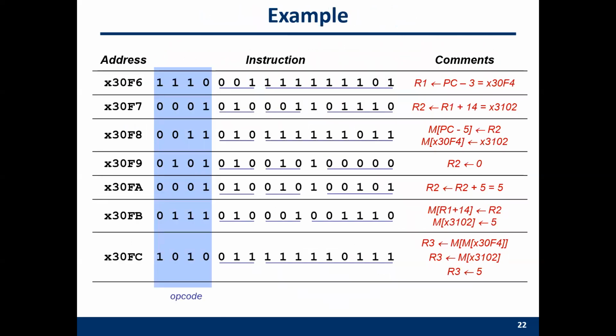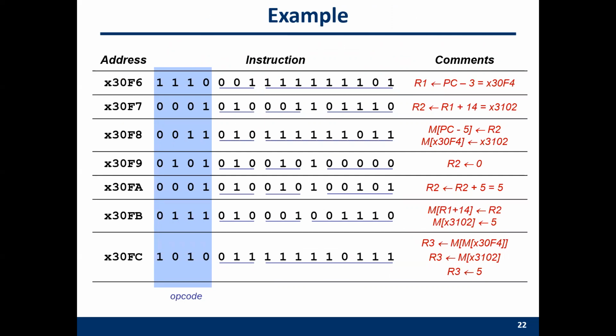So here are some examples. Again, on the CPU, no matter if it's data or instruction or memory location, everything is 0 and 1.